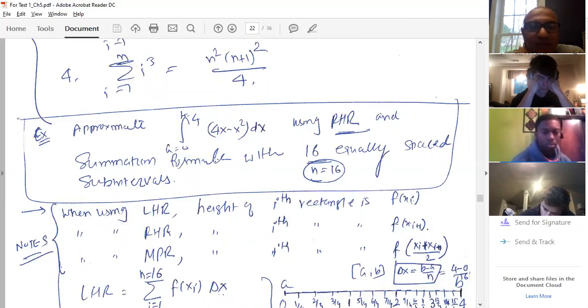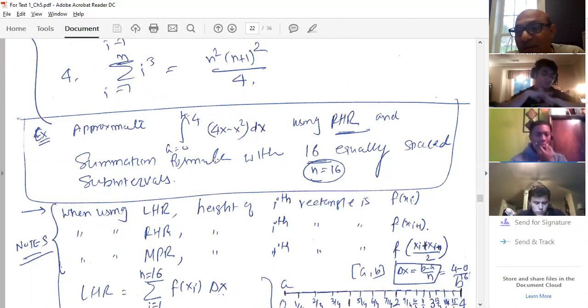So approximate, again the same function. Intentionally I am taking the same function so that you can figure out the differences. Here approximate, a equal to 0 and b equal to 4, or you can say 0 to 4, the integral of 4x minus x squared dx using the right-hand rule and summation formula with 16 equally spaced subintervals.